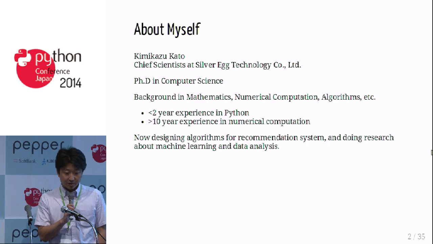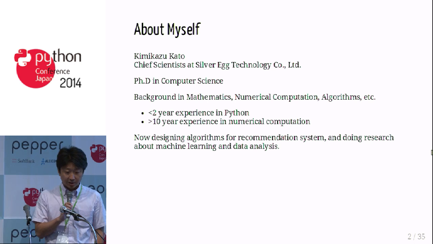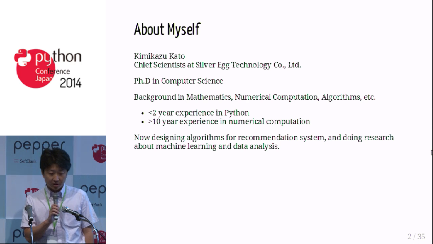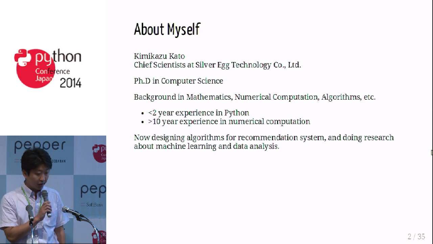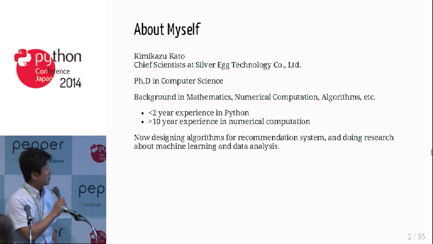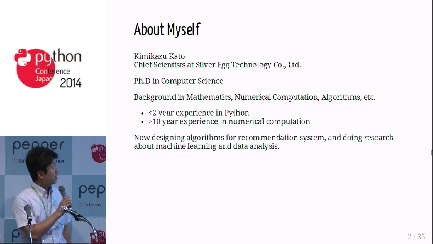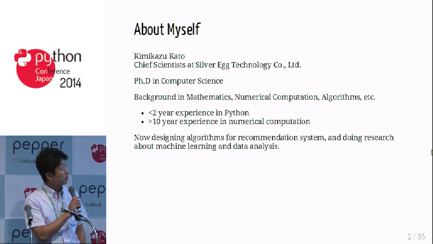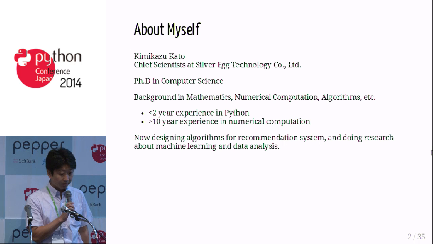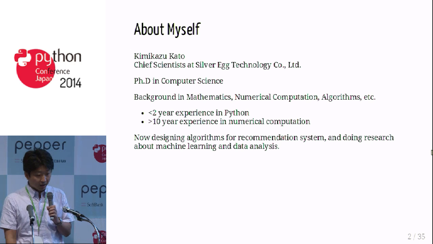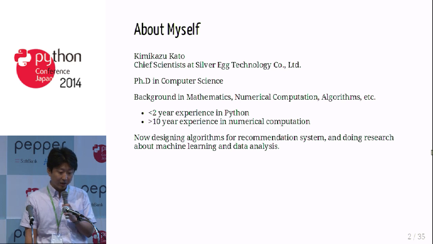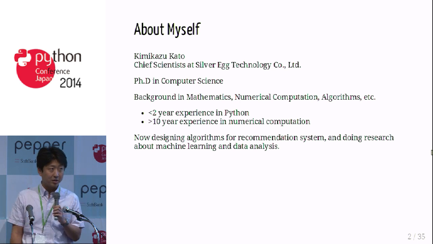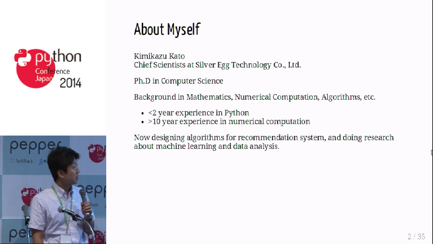So let me introduce myself. My name is Kimikazu Kato, a chief scientist at Silver Technology, and got PhD in computer science. My expertise is in mathematics, numerical computation, algorithm, and so on. To tell the truth, my career as a Python programmer is not so long. I changed my job about 2 years ago, and I started using Python after that.